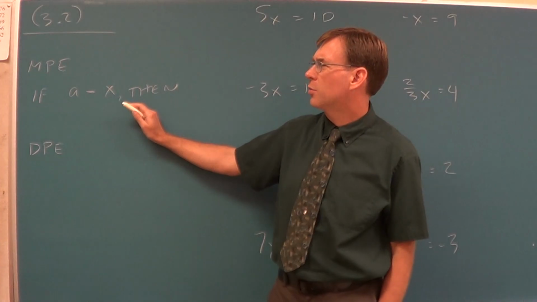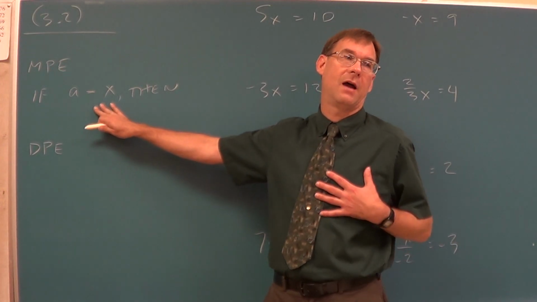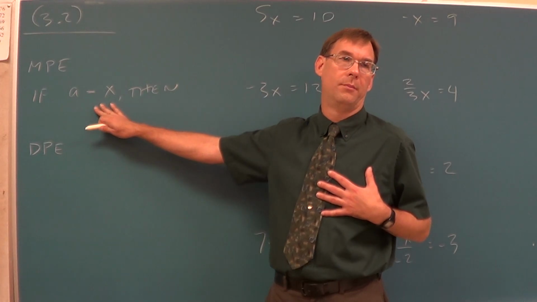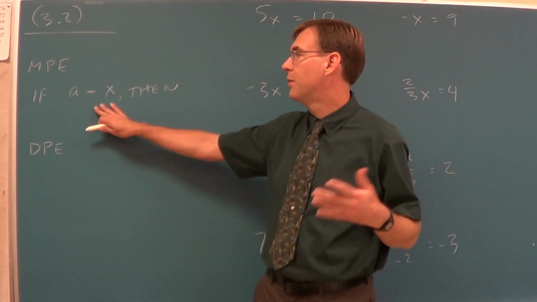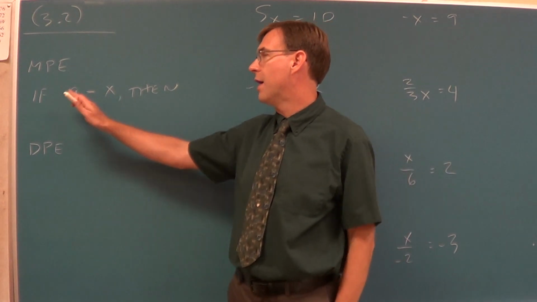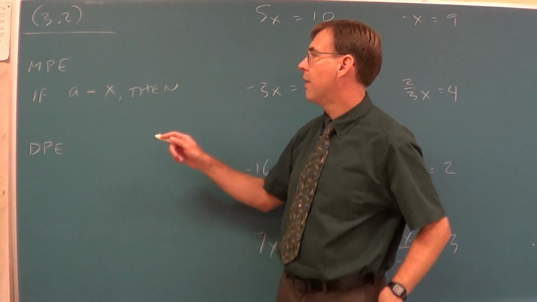For the multiplication property of equality to be true, we need to take equal things and multiply something in here. Whatever we multiply on one side, you have to multiply on the other.